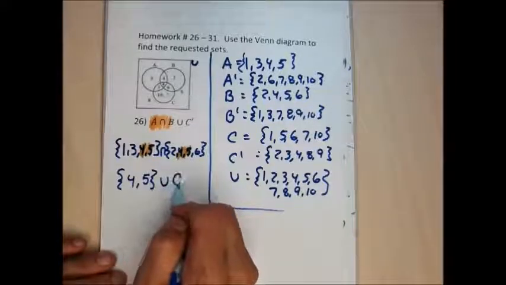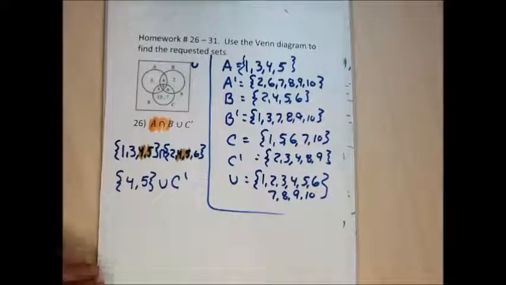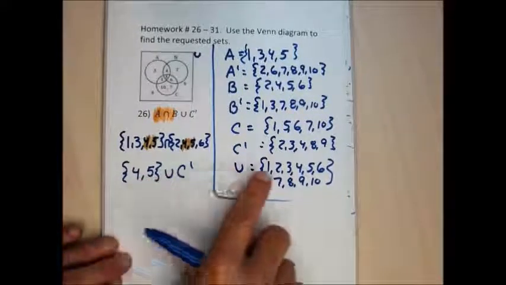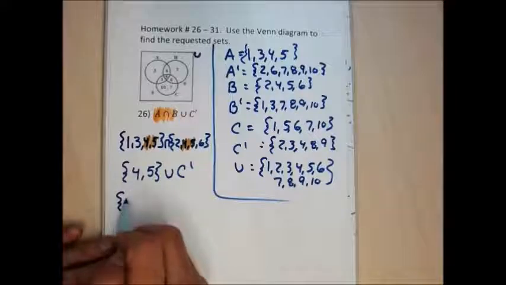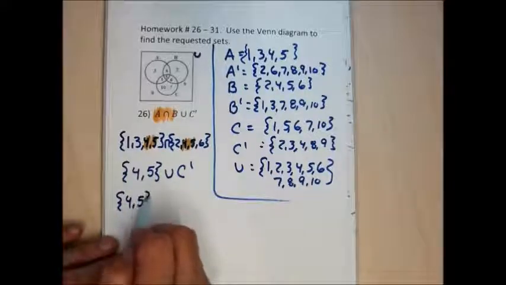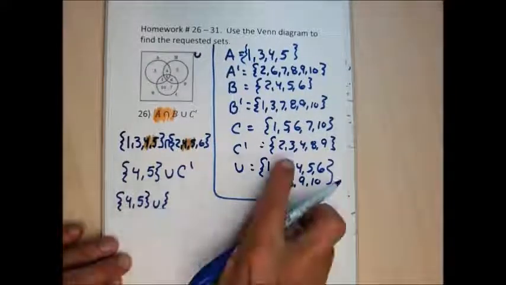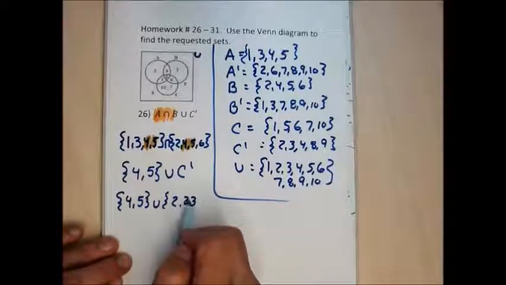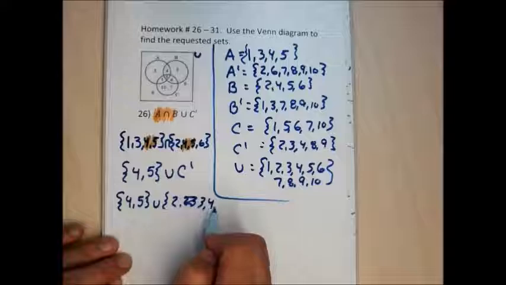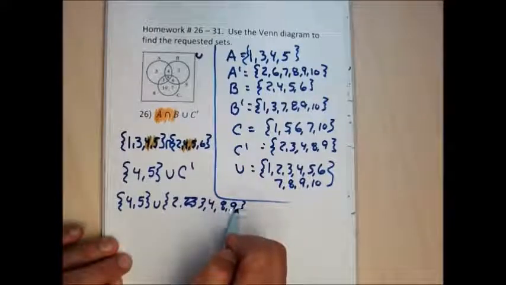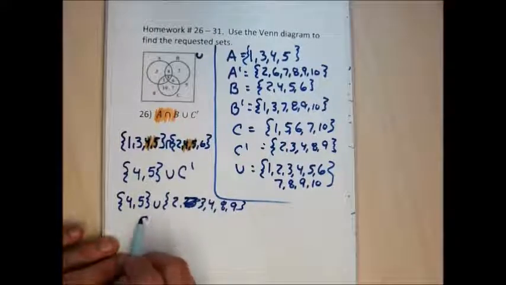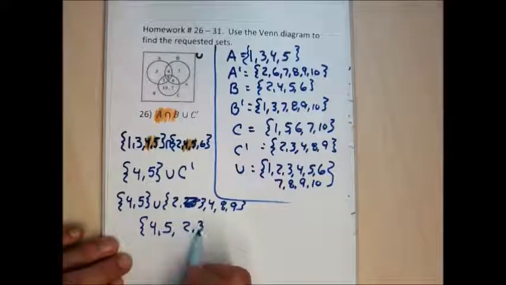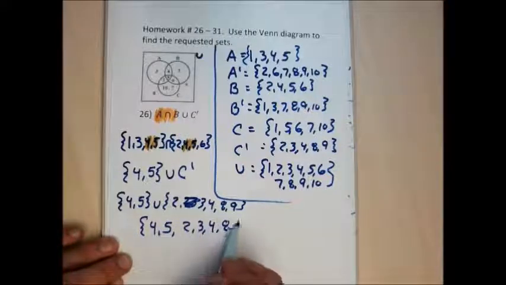And now I'll deal with the union C complement. So I have A intersection B replaced with the set containing 4 and 5. I'm going to union that with C complement. I'm going to leave the union symbol, but in place of the C complement, I'm going to write the set containing 2, 3, 4, 8, and 9. And when you union two sets, you take all the elements of the first set, all of the elements of the second set, and write them in a big set.